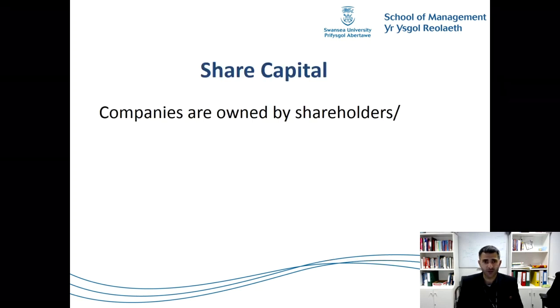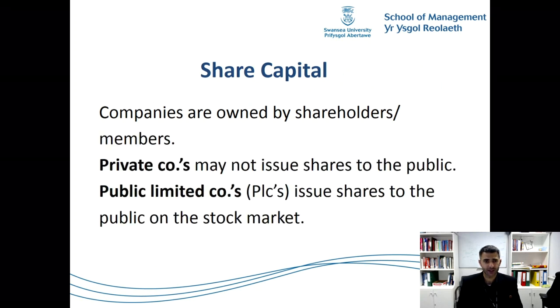Have a look. First, share capital. Let's have a look and see what do I mean. So now when you talk about businesses, there is two types of businesses here. Of course, there are more, but the main, the limited company and private limited and public limited. Yeah, the private limited, they may not issue shares to the public. Yes, they have shares, but they don't issue to public.